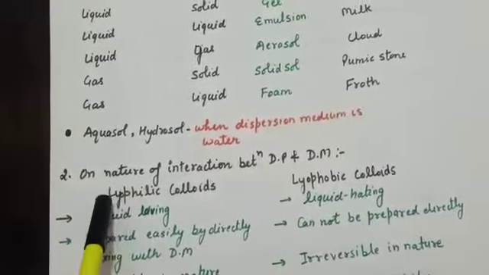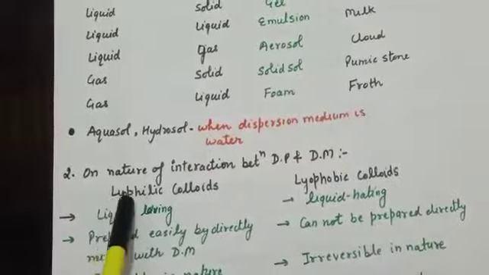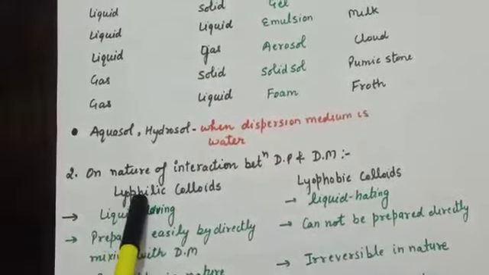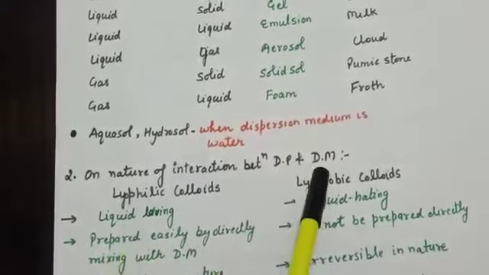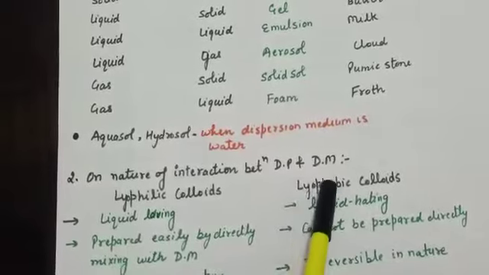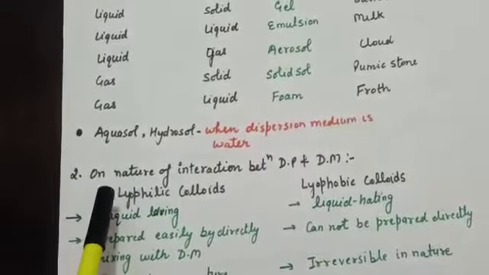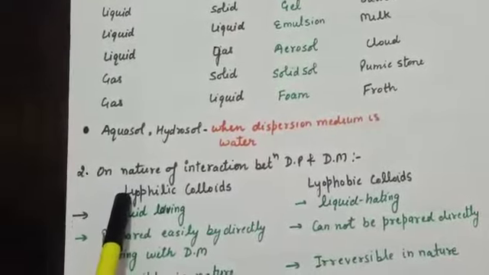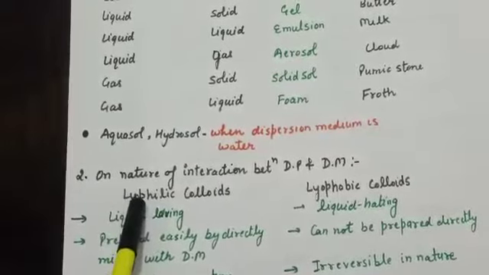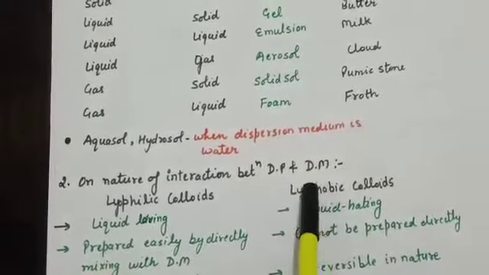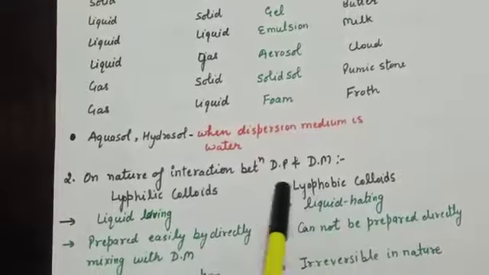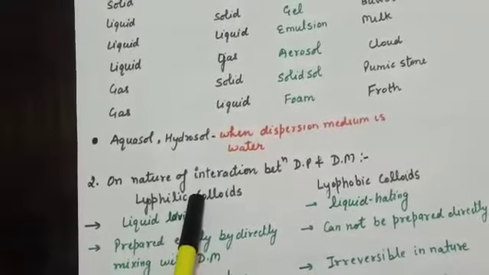So first of all, what do you mean by lyophilic? Lyophilic means liquid loving. Lyophobic, liquid hating. And when the dispersion medium is water, then lyophilic becomes hydrophilic and lyophobic becomes hydrophobic.